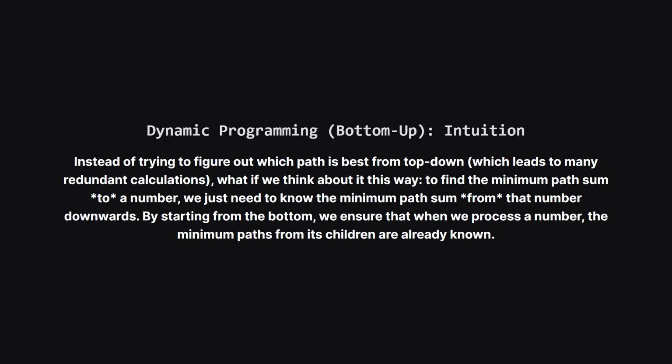Since we want the minimum sum, we should clearly choose the child that has the smallest path sum from itself to the bottom. If we've already processed the last row, then we know the minimum path sum starting from those children. So, we can update x to be x plus the minimum of its two children's already calculated minimum paths. We do this all the way up. By the time we reach the very top of the triangle, the single number there will hold the minimum total path sum from top to bottom.